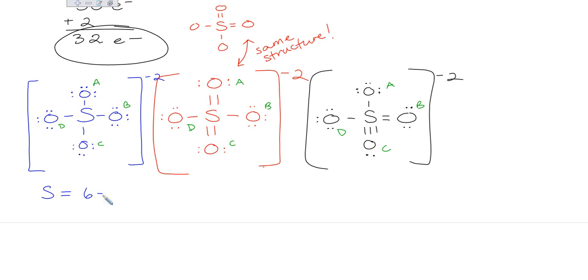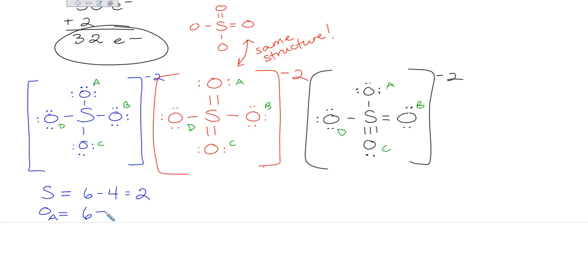So in these single bonds, sulfur has 4 electrons total. There are 4 single bonds, which add up to 8 total electrons. Half go to sulfur, the other half go to the oxygens. And then you subtract. So this gives me a formal charge of 2. All right, so now let's go to oxygen A. Oxygen, like sulfur, would normally carry 6 valence electrons.